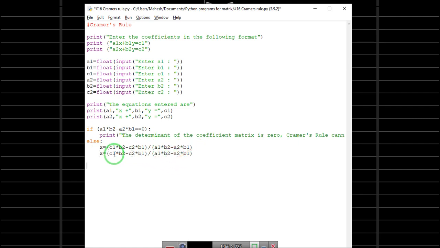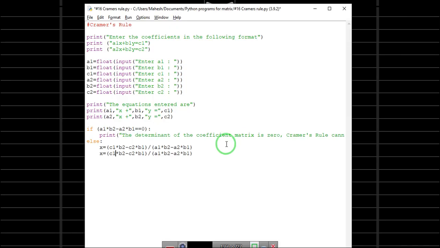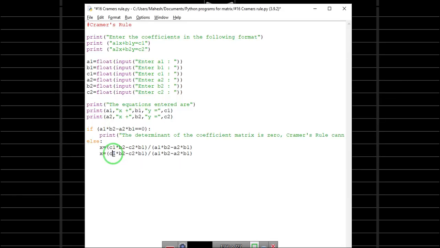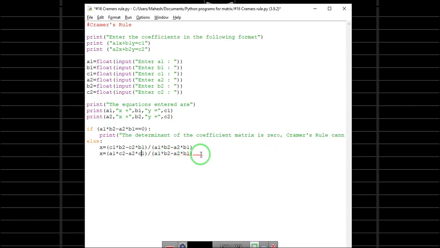This becomes a1 c2 minus a2 c1, divided by the determinant, and then this will calculate.